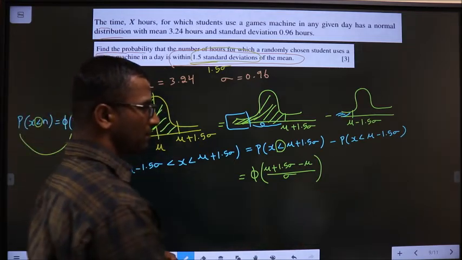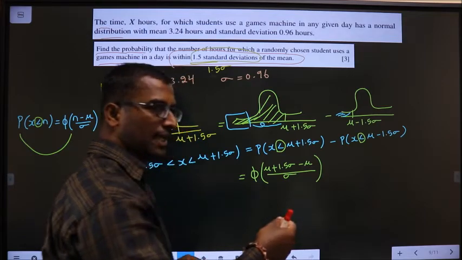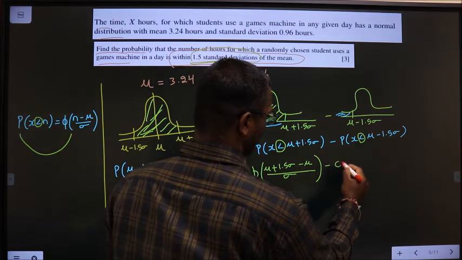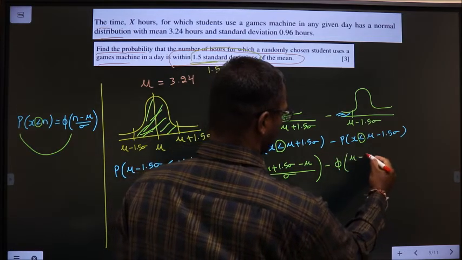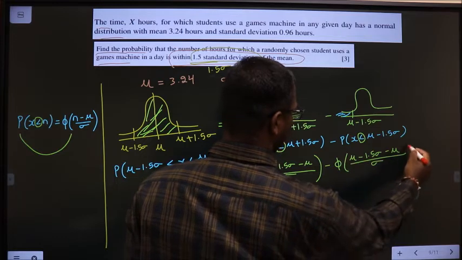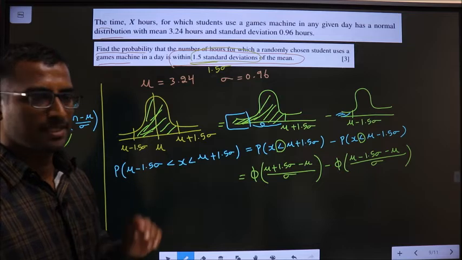Now, here also the symbol is less than. So P will get converted to phi. So phi of (mu minus 1.5 standard deviation minus mean) by standard deviation. Clear so far? Next, how do we simplify?